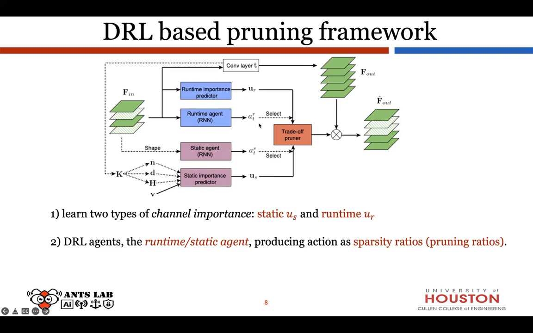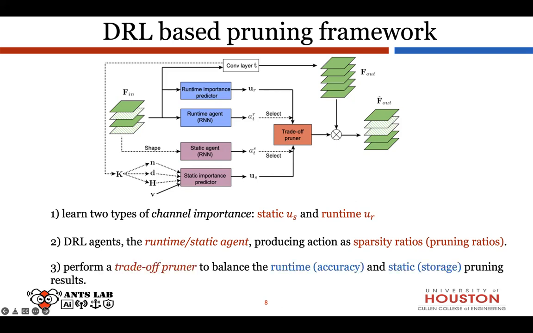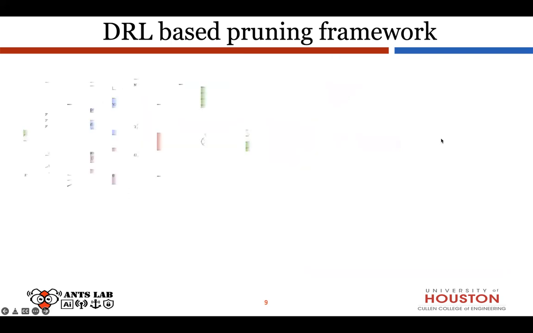They can produce the actions as the sparsity ratio or pruning ratios for each layer. Finally, by combining all these four components, they can generate a trade-off pruner to balance the runtime pruning and the static pruning, where we can prune the output feature map and get the final results. So this is an overview of their pruning framework.